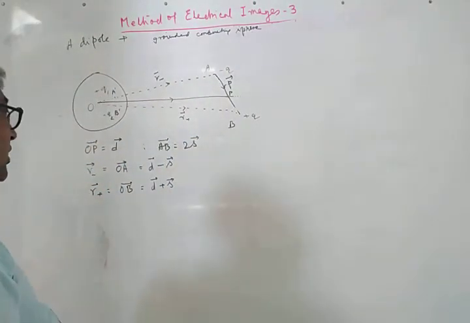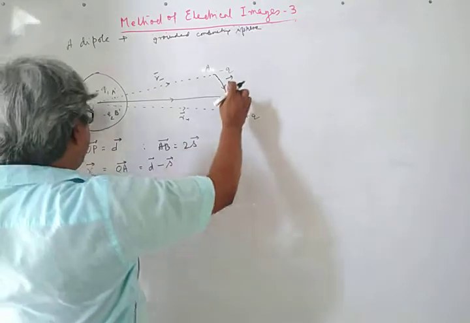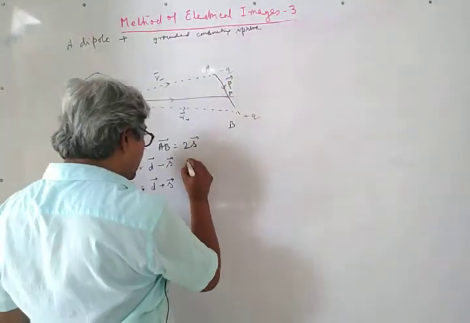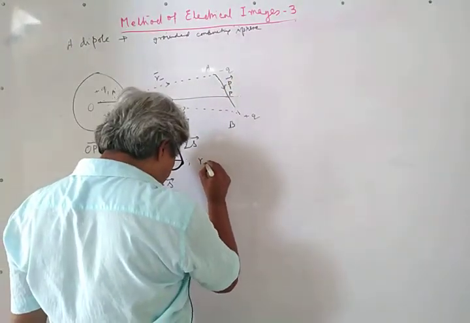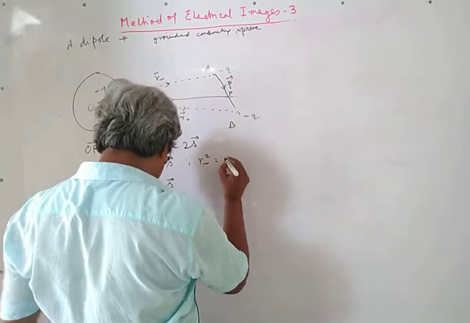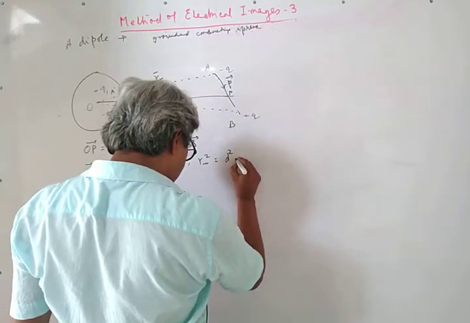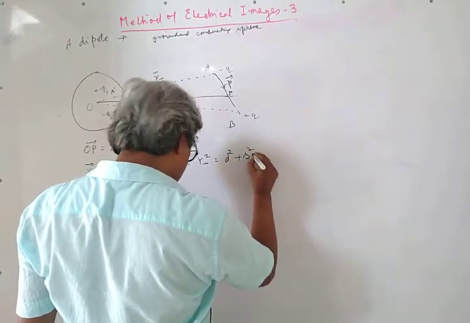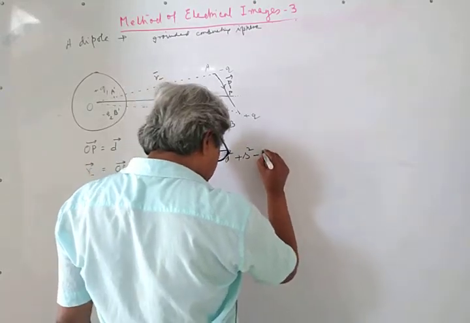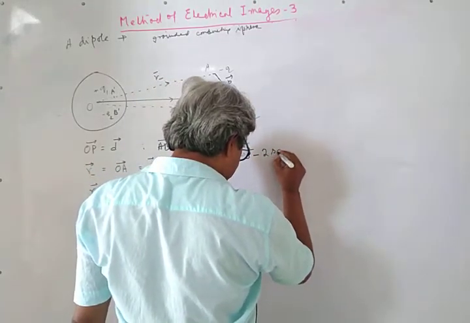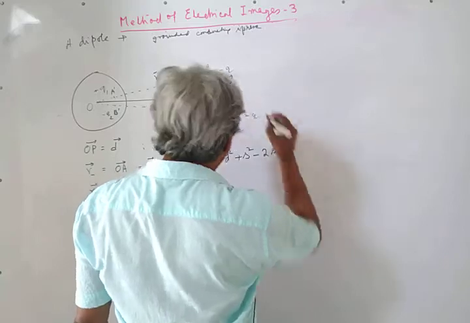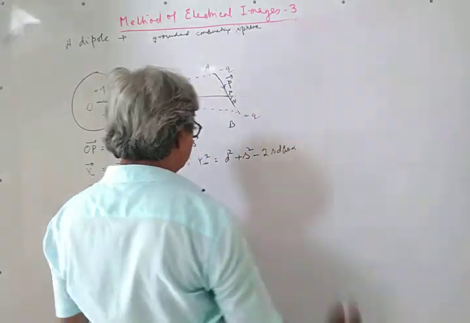For a dipole, S is small compared to R, so we can get the magnitude of R minus is equal to D square plus S square minus twice SD cos alpha, where alpha is this angle.